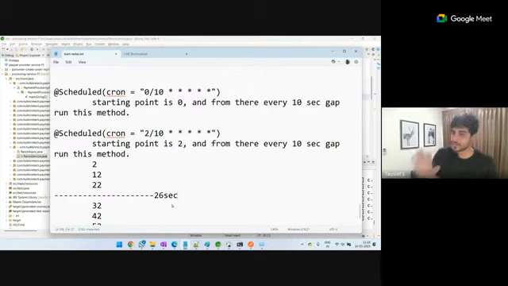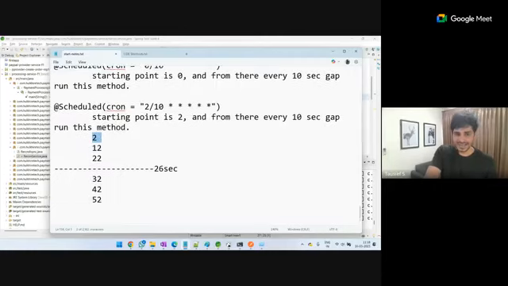It takes this 2 as the reference starting point and calculates when the next occurrence should be: 12, then 22, then 32. So even though you start it like this, the first time it will be printed at 32.